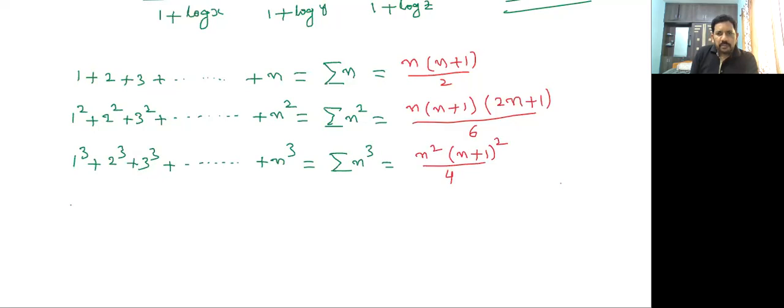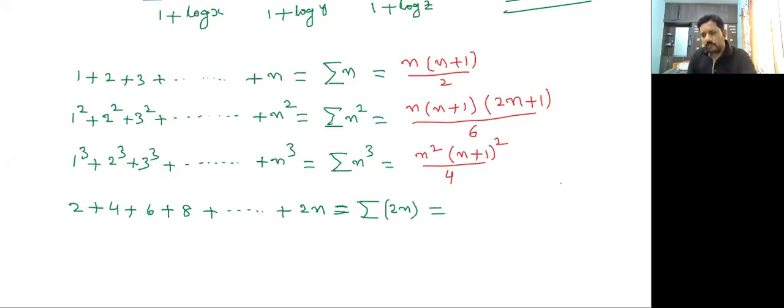Sum of even numbers: 2 plus 4 plus 6 plus 8 plus and so on. What is the nth term? 2n. This is sigma 2n, and the formula is n into (n plus 1).